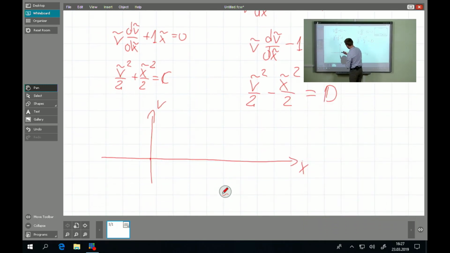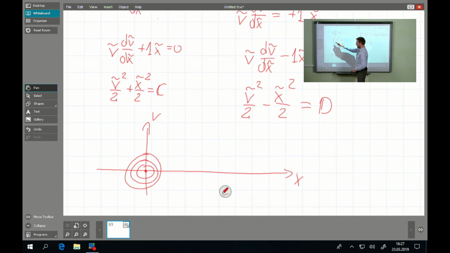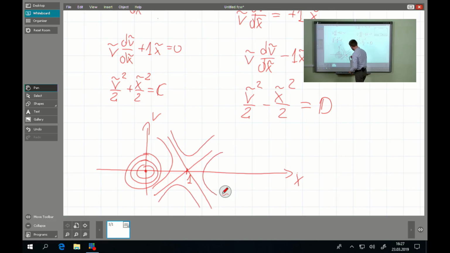If we are talking about the first critical point, we have a family of ellipses, because it's an equation of an ellipse. If we are talking about the second critical point, I mean the one, here we have a family of hyperbolas, and that kind of point is called a saddle point.